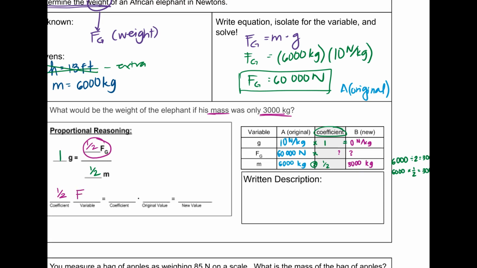Our variable is Fg because that's the missing variable. That was our question mark. And now our 1/2, and the original value of the question mark, or the Fg, was 60,000 newtons. So we're going to fill that in, and we have 1/2 of 60,000, which is 30,000 newtons. And that's it.